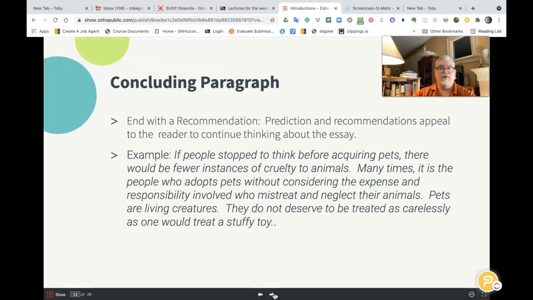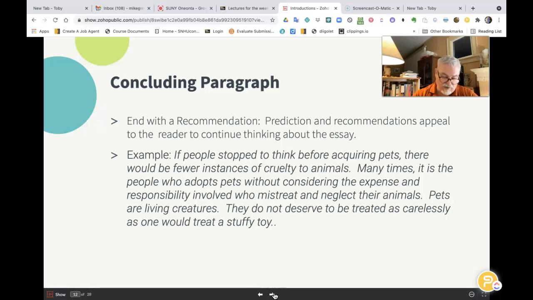So what do you do? And a lot of times they let them go. They let them go out into the wild, and that's not such a great idea. A lot of times they end up in shelters, and sometimes they don't. We know that. But my point in concluding this is they're trying to say, look, we've got to think before we act. And that's really a good thing to think about. And that's a nice prediction.